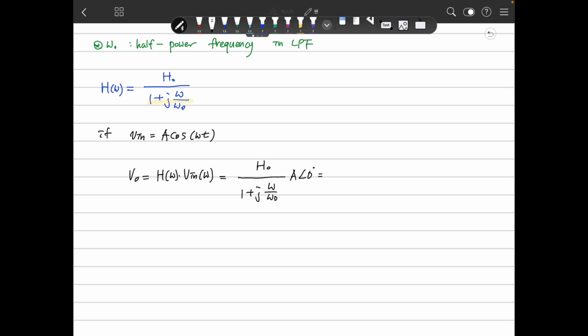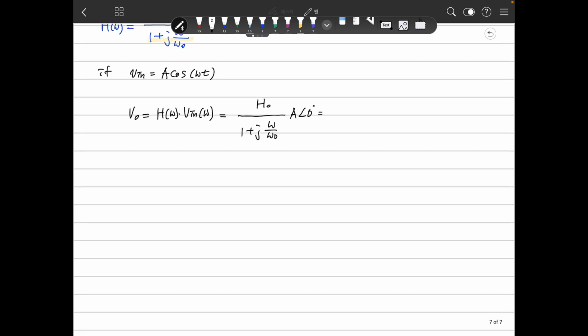So we get the magnitude of that: H0 magnitude over the square root of 1 plus omega over omega 0 squared, and the phase angle is, because H0 is a real number, minus arctangent of omega over omega 0, and the input is at 0 degrees. This is the input signal.